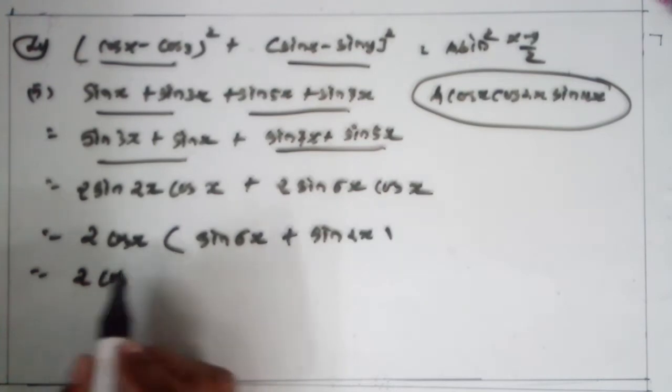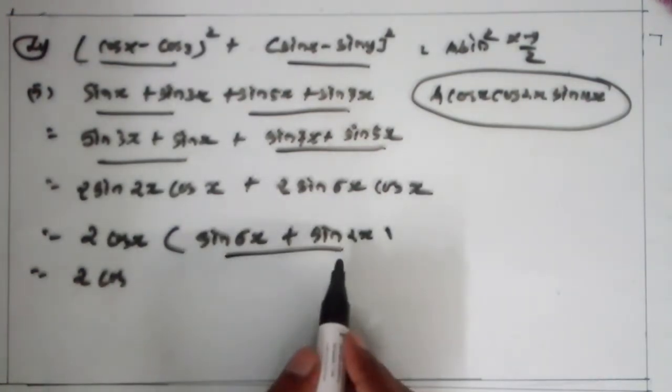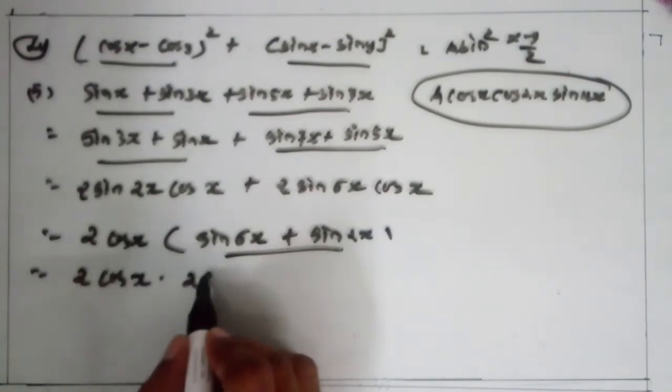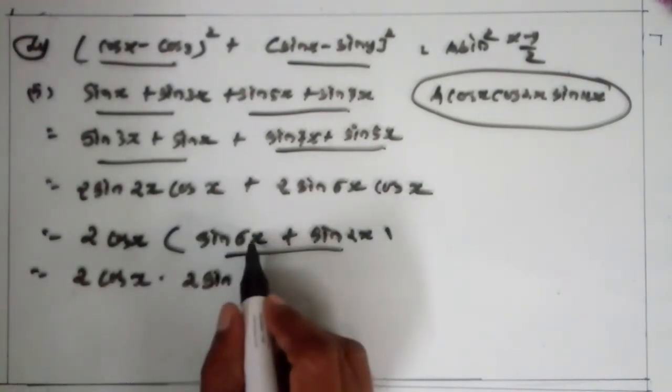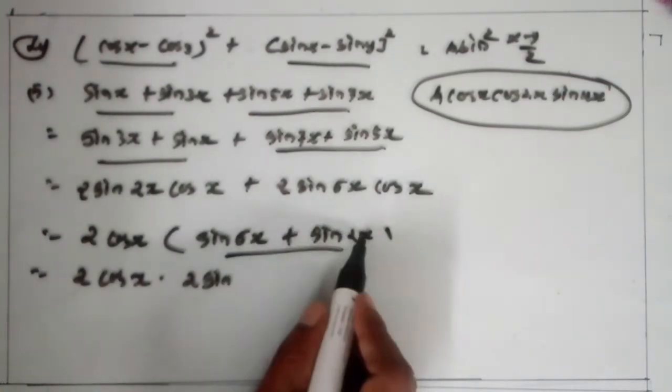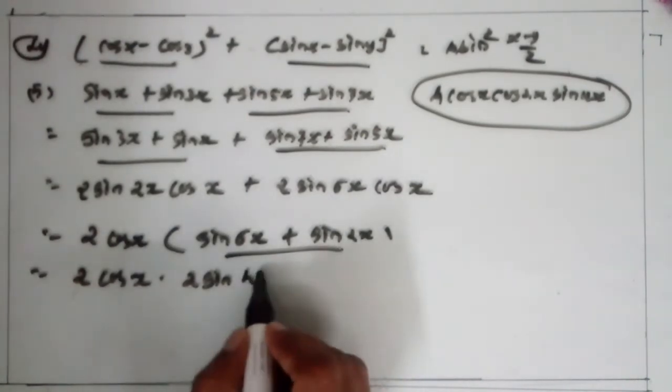So is equal to 2 cos x, apply s plus s. s plus s is equal to 2sc. So 2 sin, first take addition of these 2 and divide by 2: 6x plus 2x, 8x upon 2, that is 4x. Clear?